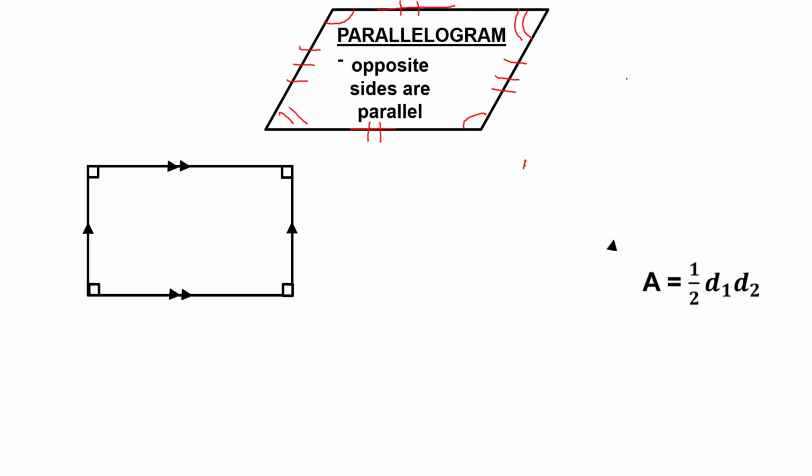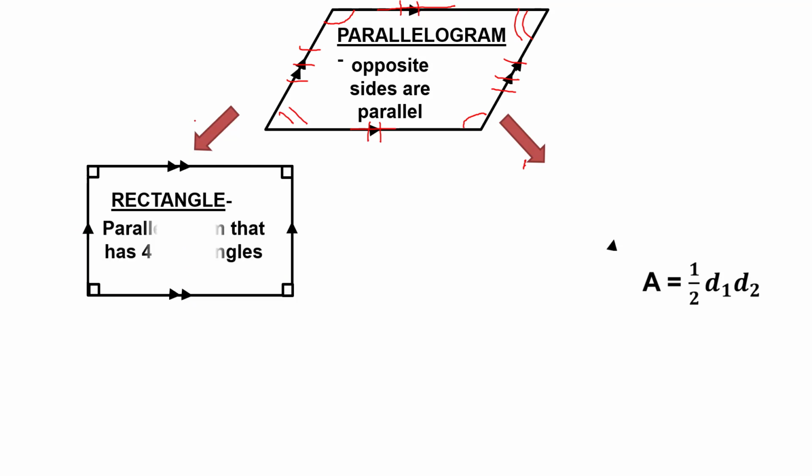It'll make things simpler, but you'll use it a lot in geometry. So we can move from there to a rectangle. A rectangle is a parallelogram. Notice that its opposite sides are congruent. Its opposite corners are congruent. And its opposite sides are parallel.